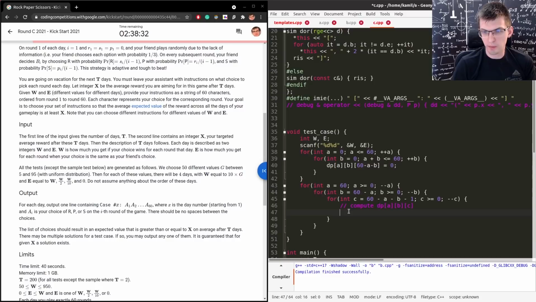Well, first the probabilities. Say by default his probabilities of moves are all 1/3.